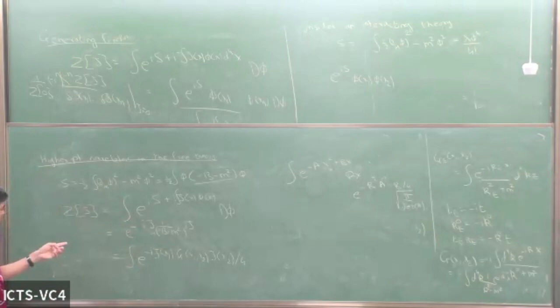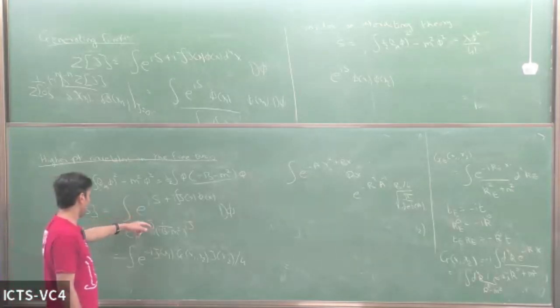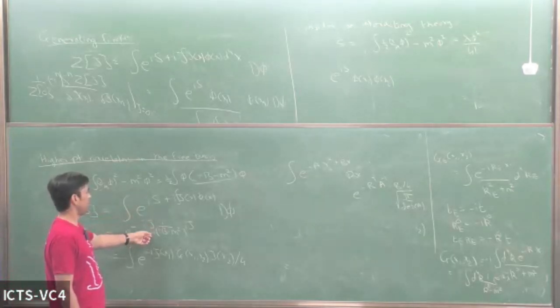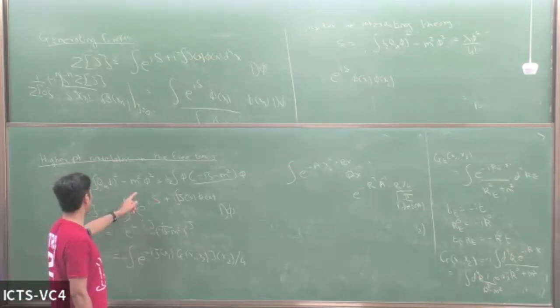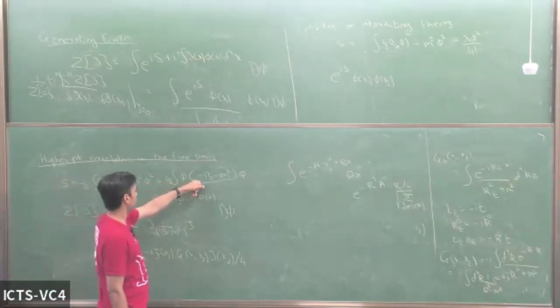Let's see. When you differentiate this with respect to ij of x1, sorry, there should be a plus sign. There's an A inverse. There's a minus A in the formula. So I should have written this as minus.